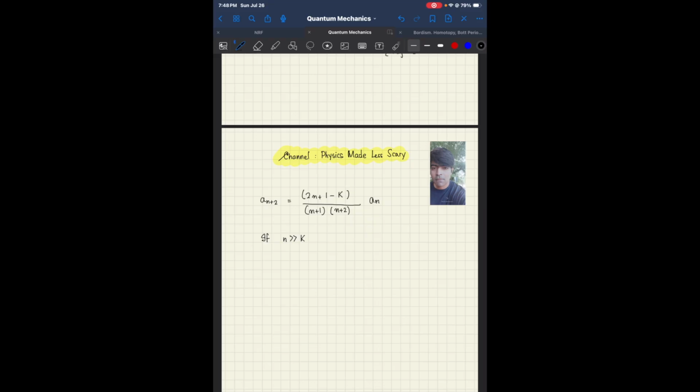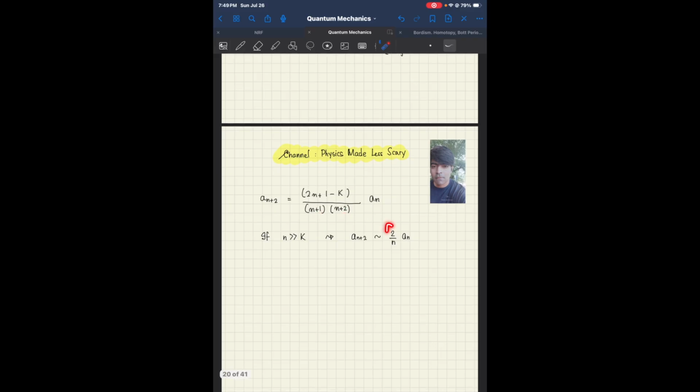Again, if your n is much greater than k, then this implies your an plus 2 scales as 2 by n an. Do you see this? How did I get this? If 2n is much greater than k, then I can ignore this guy. Again, I can also ignore 1 and 2. So it's 2n by n square, which is 2 by n.